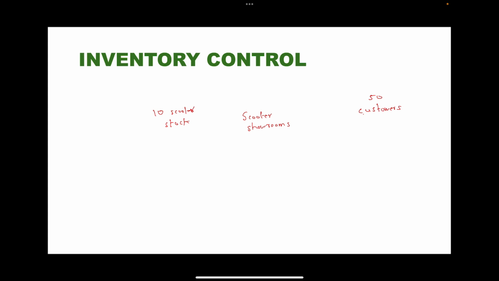So, this is applicable for any stores or companies selling goods. We have taken just the example of a scooter. Suppose instead of 10 scooters, he has a stock, let us call it inventory, of 100 scooters.